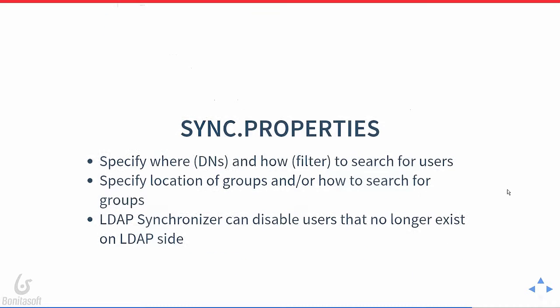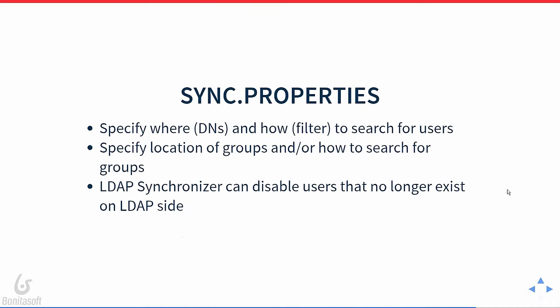And finally, the last file is how you search for users and how you search for groups to synchronize in the LDAP. So you can search for groups and choose to synchronize all users within this group, or you can define the location of the group and choose to include users in the group or not.